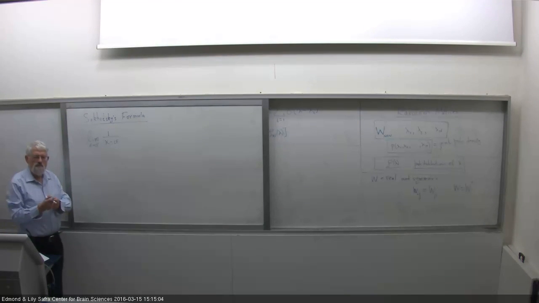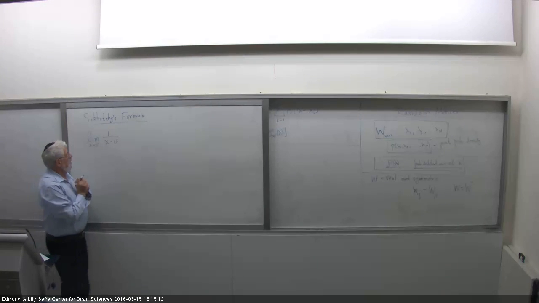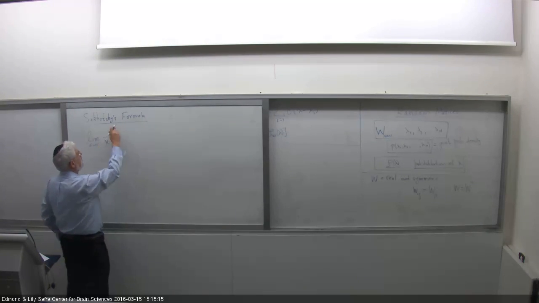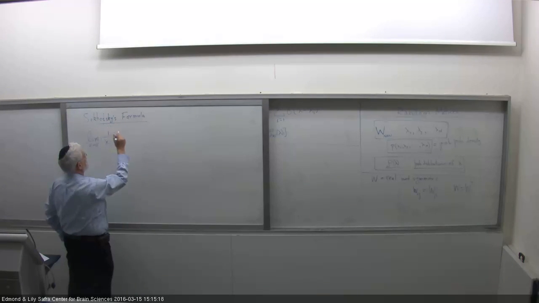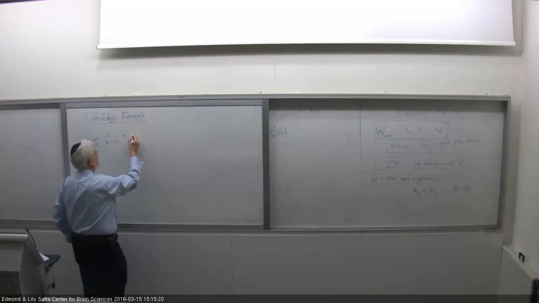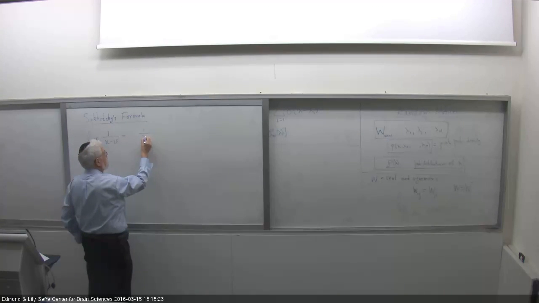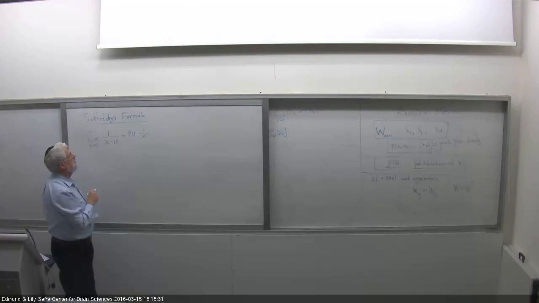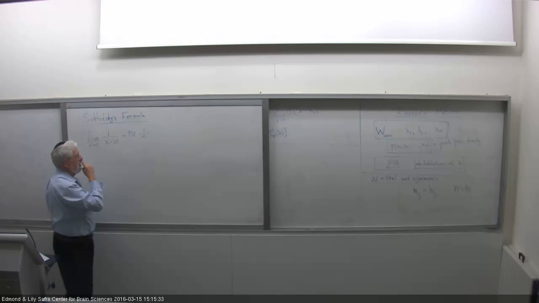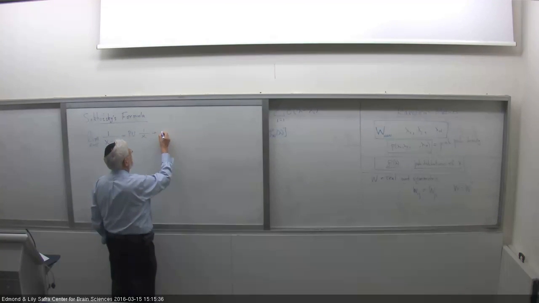But I want to identify the nature of this singularity. It turns out that the Sokhotski formula says this is equal to the principal value, PV, of 1 over x. I'll explain in a minute what it is, but anyway, this is the real part. And then plus i times pi times delta of x.